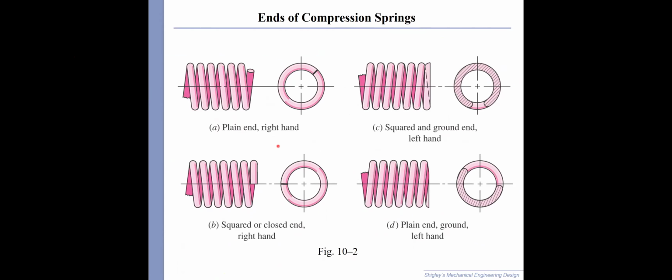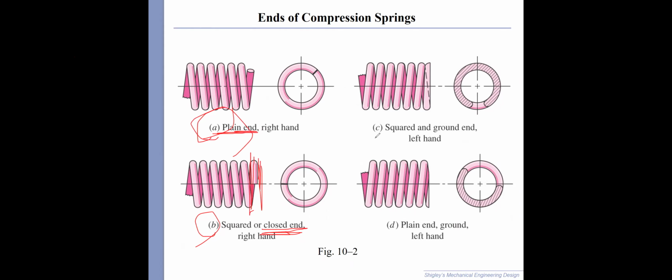For different end conditions, you can define a different number of coils, or number of active coils. For example, for right-hand springs, in case A, both ends are plain. In case B, one end is square, or closed, and the other is plain.